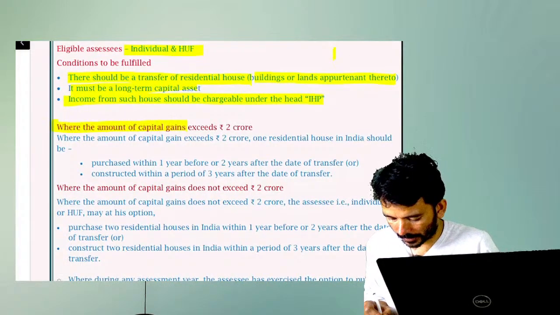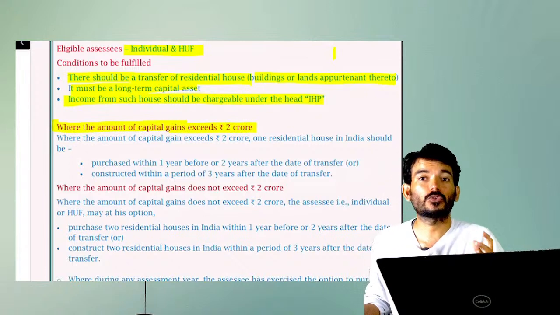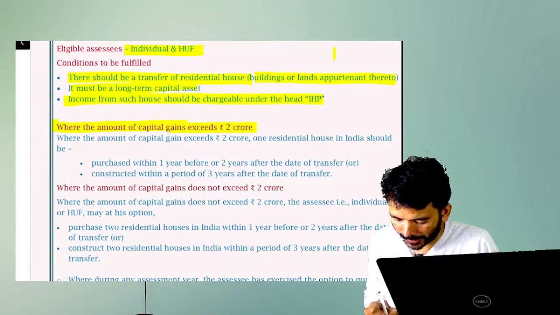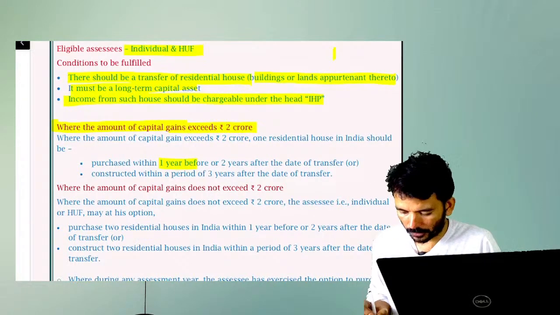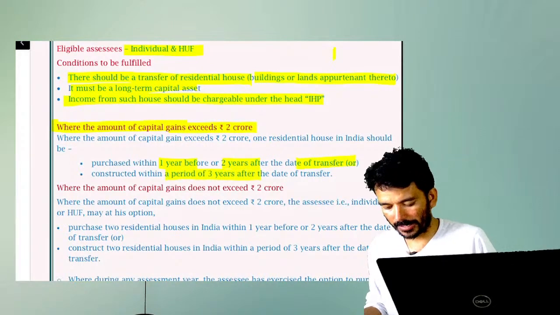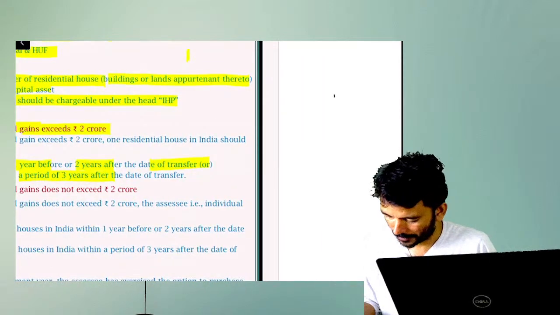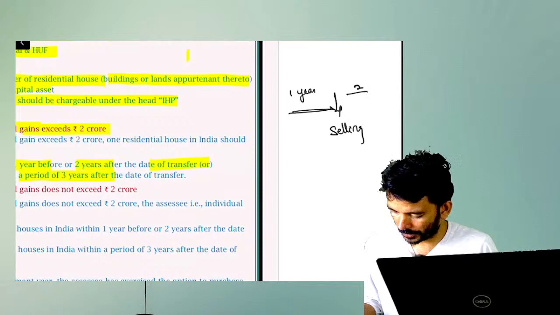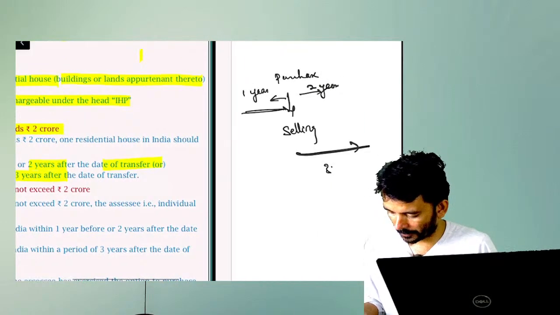If the amount of the capital gain is exceeding 2 crores, 2 crores is like a very big amount, right? So if the amount is above 2 crores, 1 year before or 2 years after, I need to purchase another house, or 3 years from the date of transfer I need to construct, because construction will take more time.